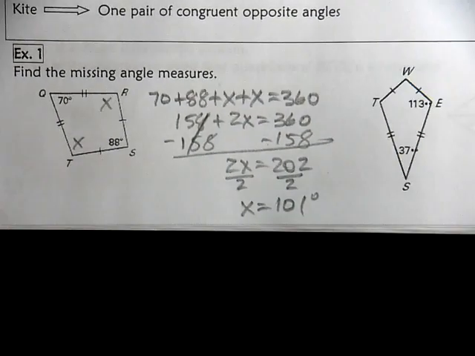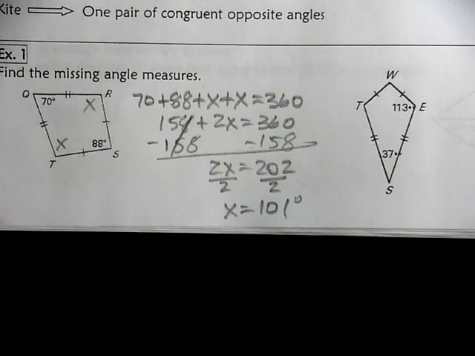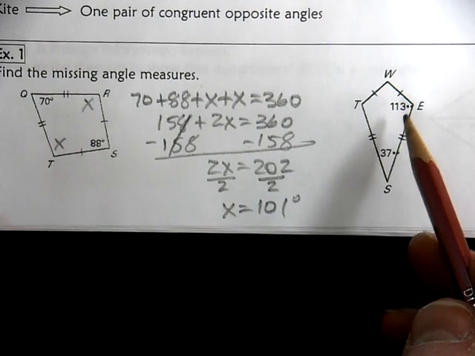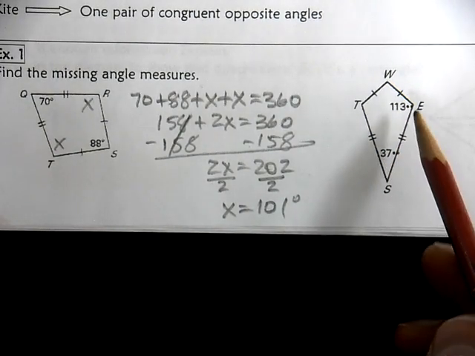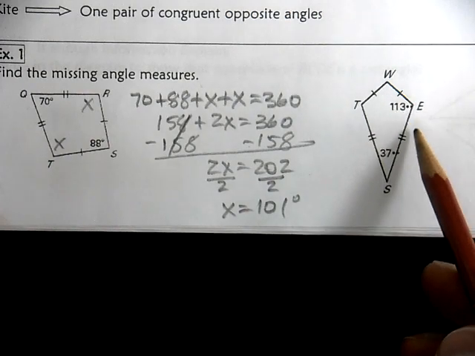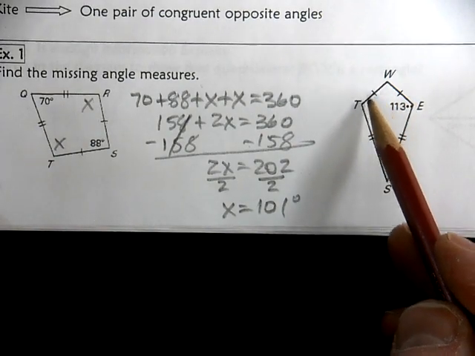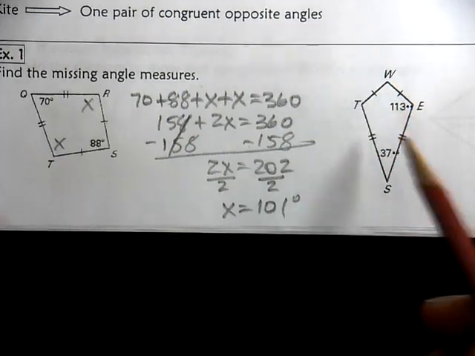This second example is a little bit different. You got to pay attention to the information that they're giving us. There's the two sides that are different. So between the ones that are different, those angles have to be the same.